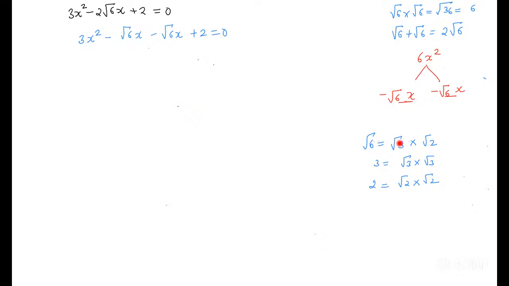So what is common? Root 3x is common. I will take out root 3x as common. From the first term, one root 3 is out, so only one root 3 will remain. So root 3x, and from the second term x is out and root 3 is out, so only root 2 will be left, so minus root 2. Did you understand?